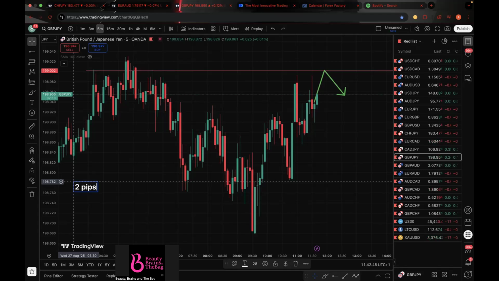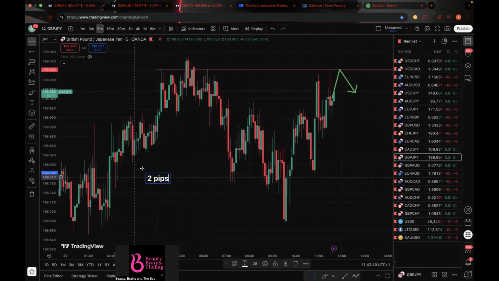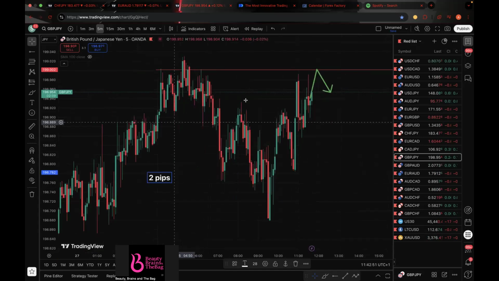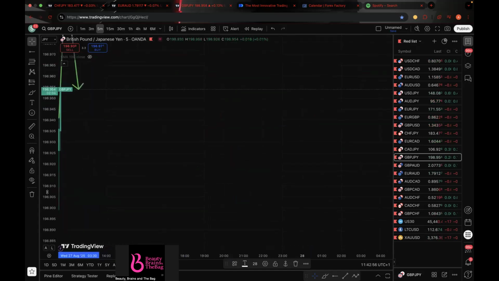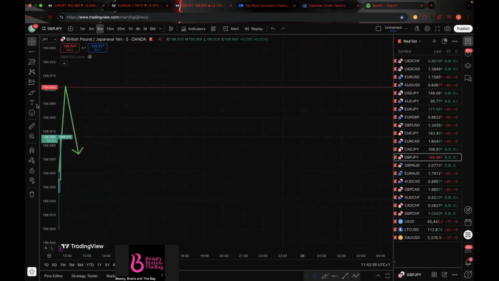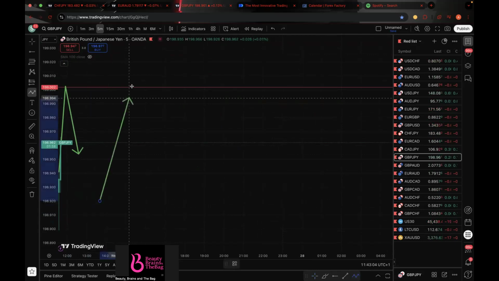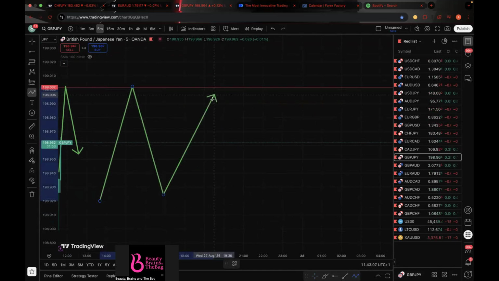Once you get very used to it, it's not going to be very difficult for you to incorporate the box sweep strategy to it. Box sweep strategy is still taking trades from support and resistance, but with another twist.